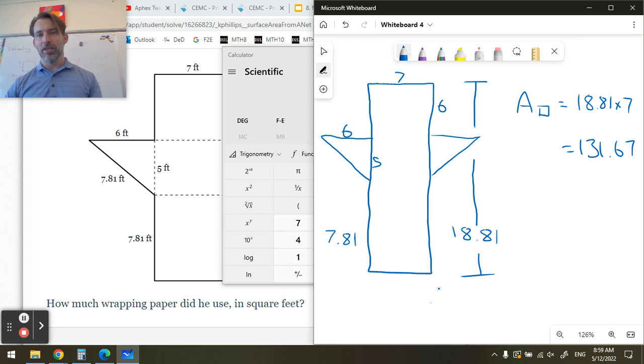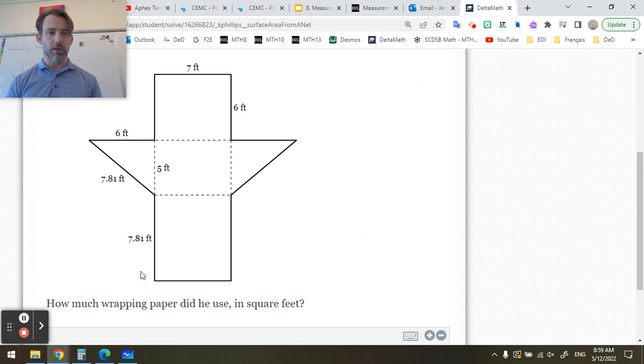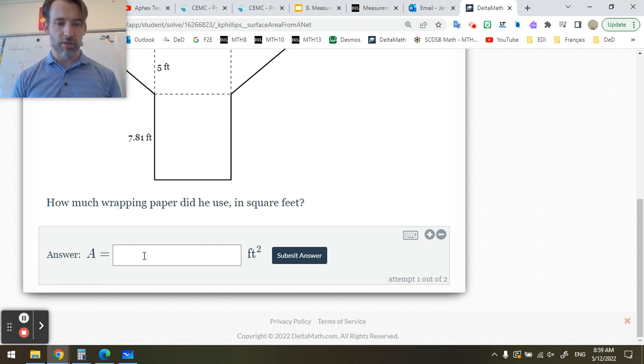All right, so the total area is going to be 161.67. Cool. Let's type that in, 161.67. Notice that they're giving me the unit here already. That was kind of them. Hooray!